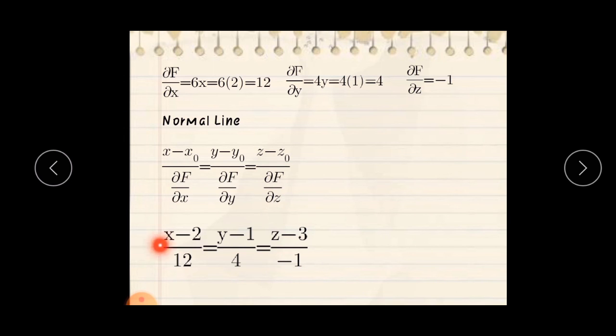So the equation of the normal line is (x minus 2) over 12 equals (y minus 1) over 4 equals (z minus 3) over negative 1.